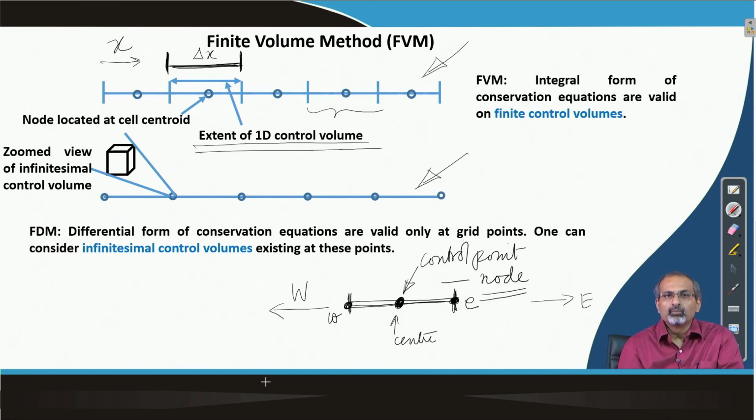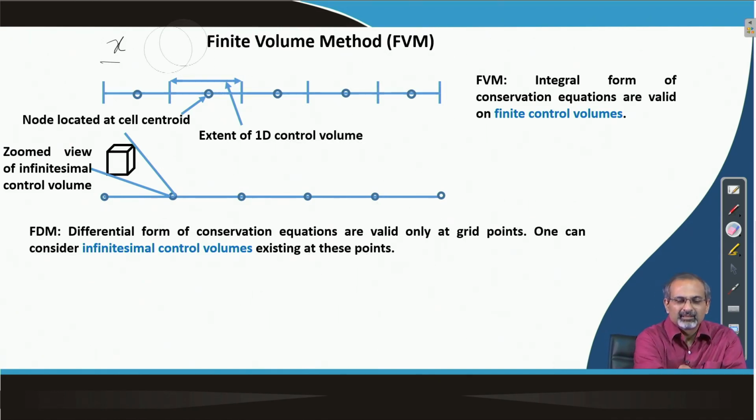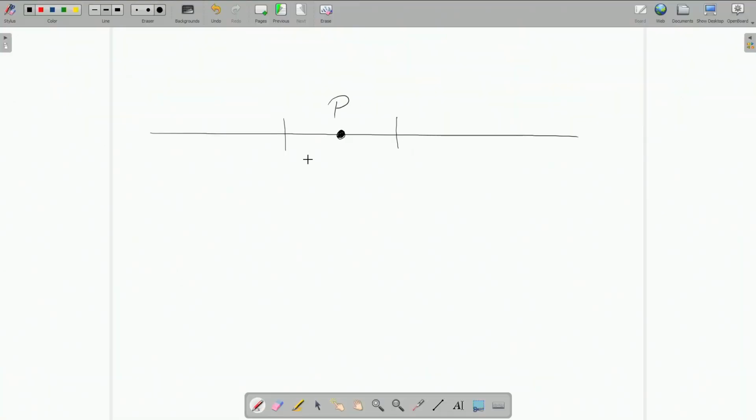So, if you want to show more control volumes in the neighborhood, then you have to have a more elaborate diagram in place. Let us try to draw a more elaborate diagram and show the lengths which are of interest to us. Let us say that this is a control volume which is of direct interest to us. So, it has a total length which we will mark as, say, delta x P. We name this control volume the P control volume.